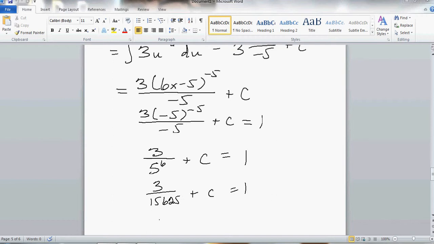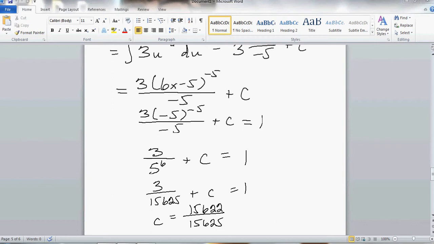And so when we subtract 3 over 15,625 from both sides, c becomes 15,625 minus 3, which would be 15,622 over 15,625.